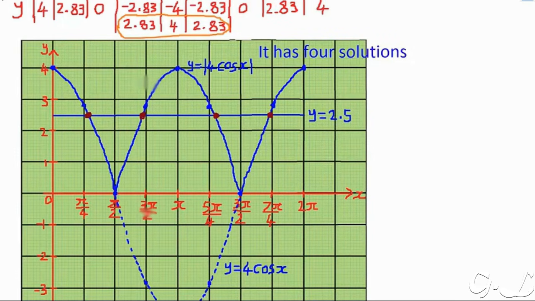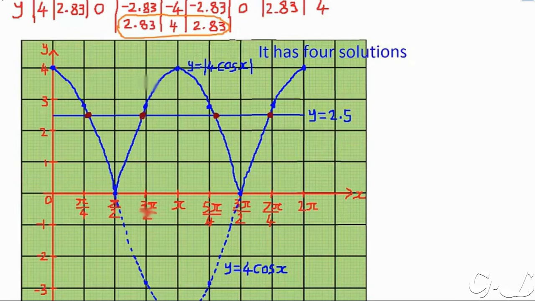So you have to tell where y is equal to 2.5 and y is equal to the modulus of 4 cos x meet. It is where the solutions are obtained.